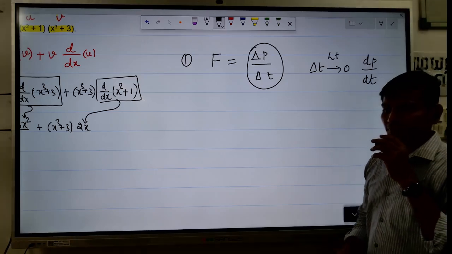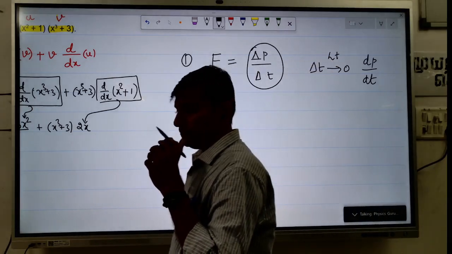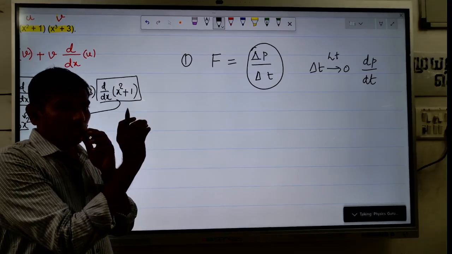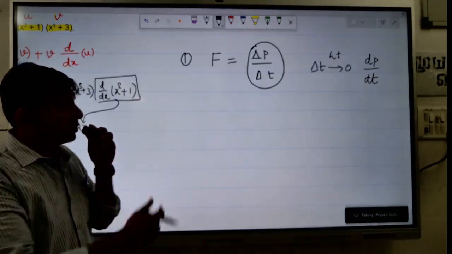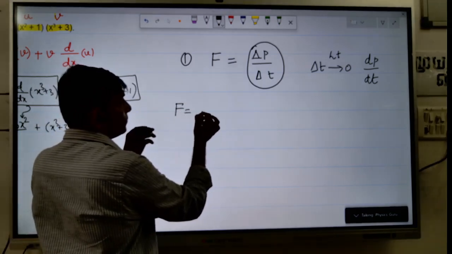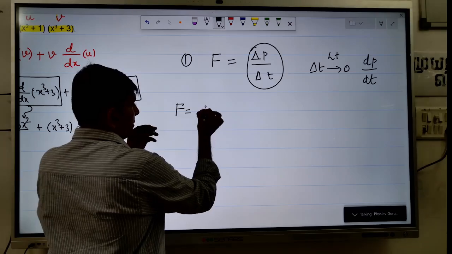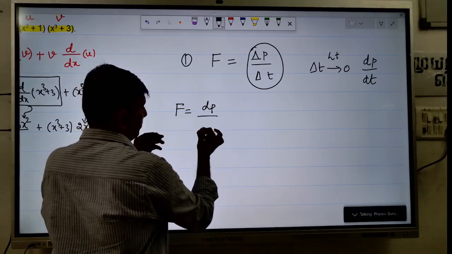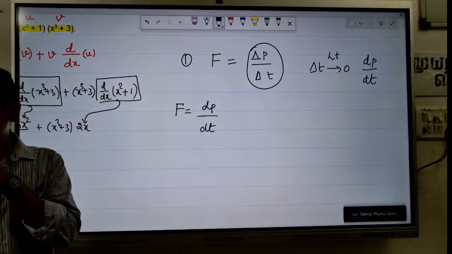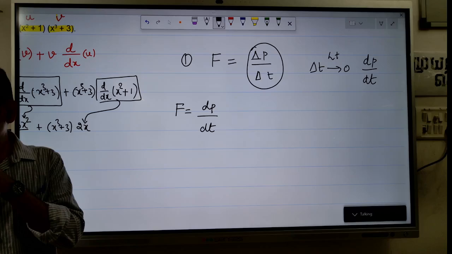Can we? I hope now you remember. Whenever the changes are happening at a very small rate, I can write F is equal to dp by dt. Correct?